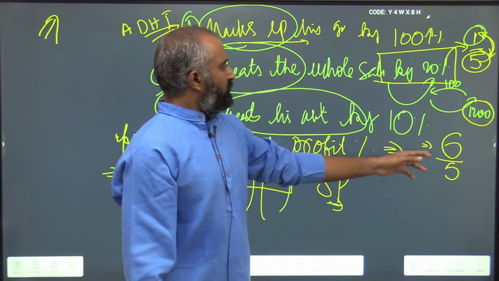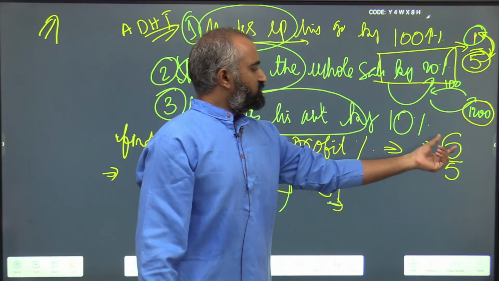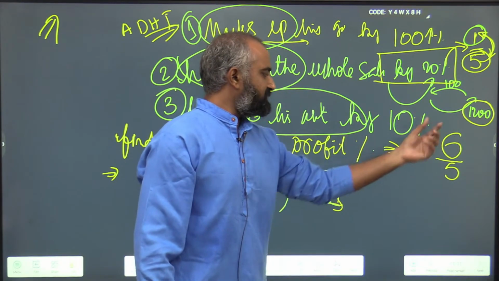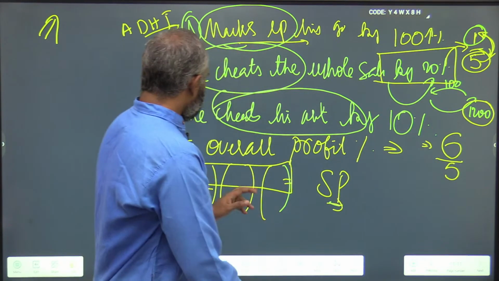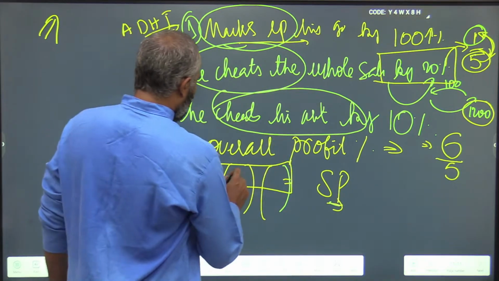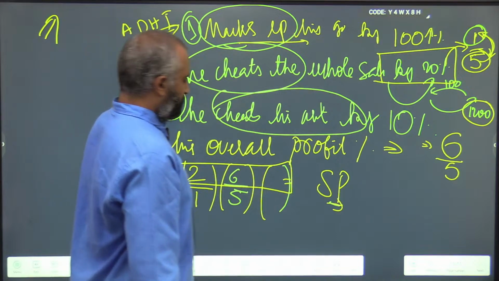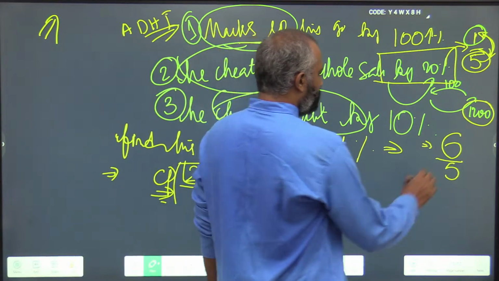So he is taking quantity worth 6, but he is paying only for 5. So the factor for the wholesaler is 6 by 5.